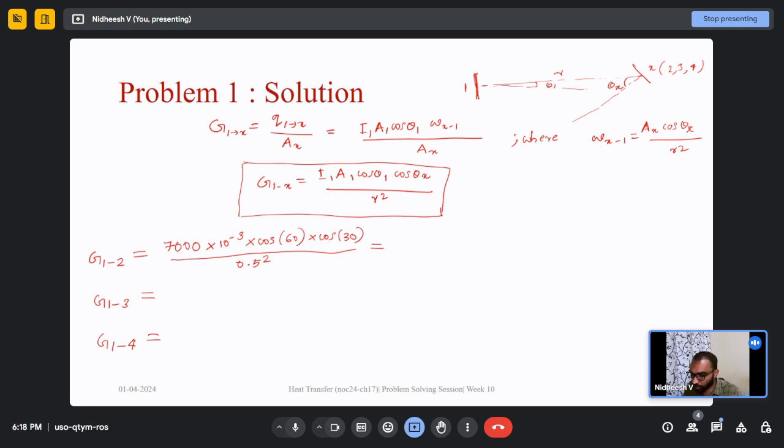Make sure you are calculating in degrees. Multiplied by cosine of 30 degrees, divided by 0.5 square, not A1 square, R square, the distance square. So the value we are getting is 12.12, right? Are you getting the same value?